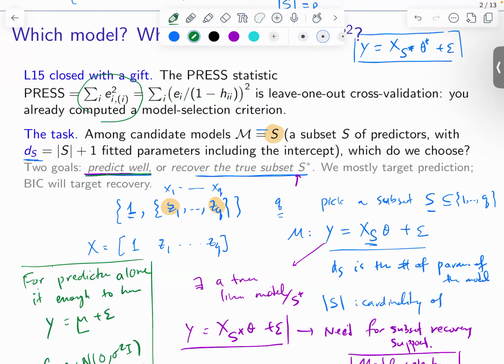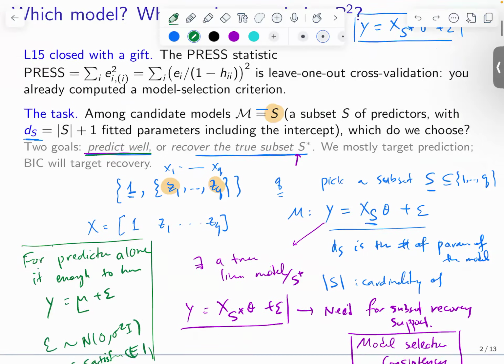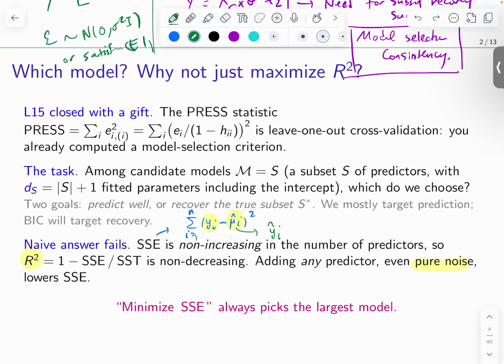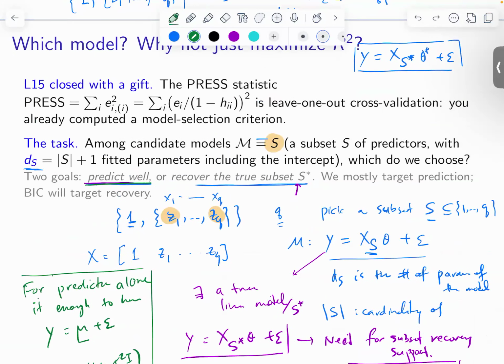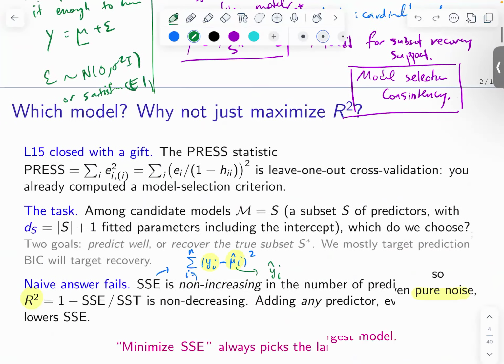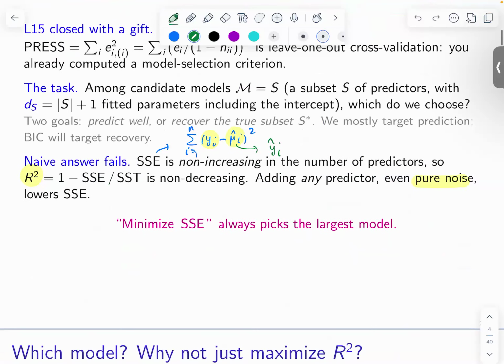You can choose the model that minimizes this quantity. If prediction is our task, this gives you a good criteria. But I'm going to explore this idea a little bit more, so you can have a much better theoretical understanding of what is going on.